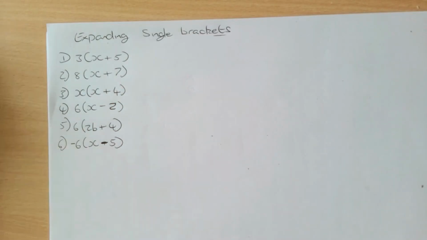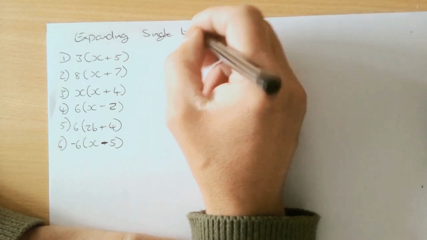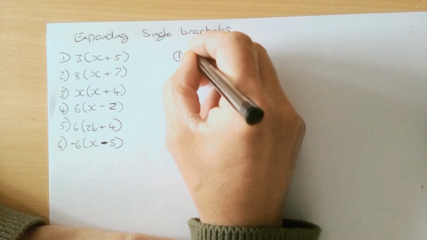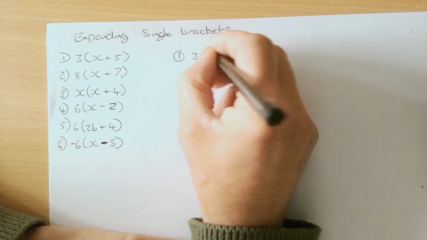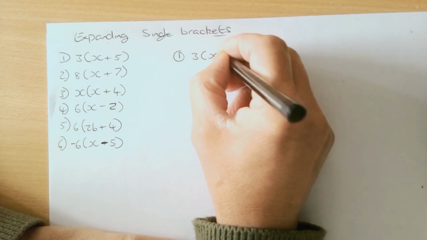Right, okay, so today we're going to look at expanding single brackets. The first one we're going to look at is number 1, and the bracket is 3(x plus 5).